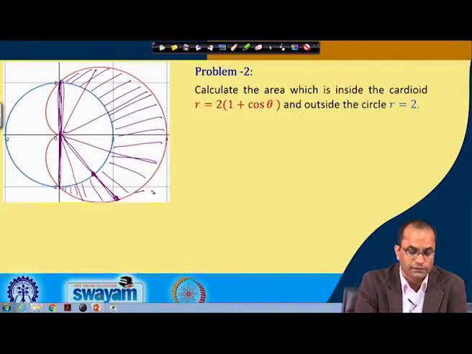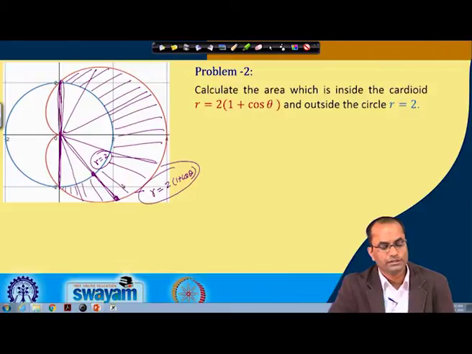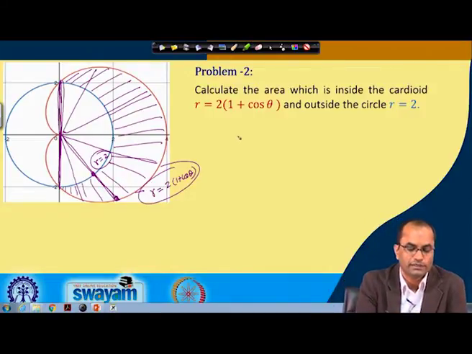So, here is r, this cardioid here is r equal to 2 times 1 plus cos theta, and this is r is equal to 2. So, the limits of r will also be easier to evaluate, and for theta as well.